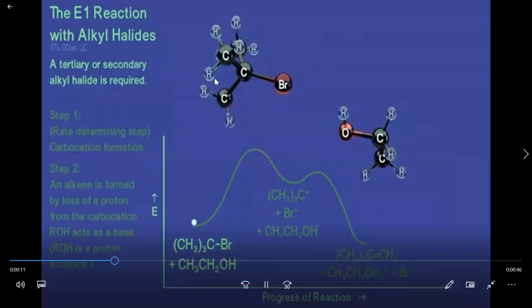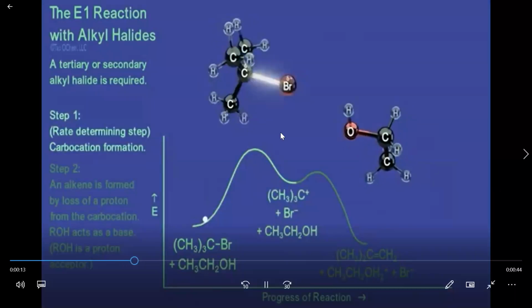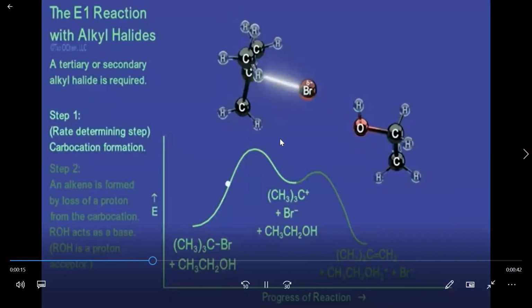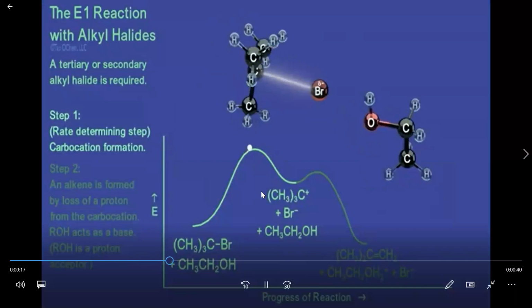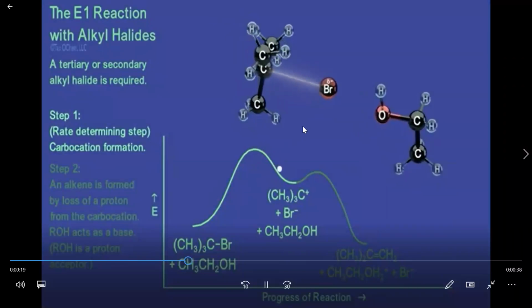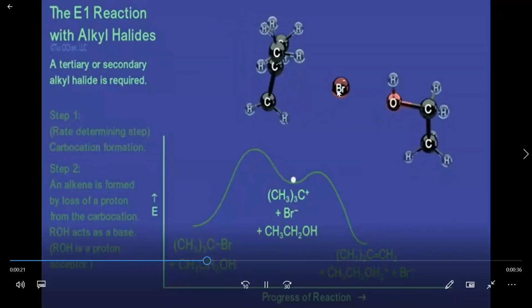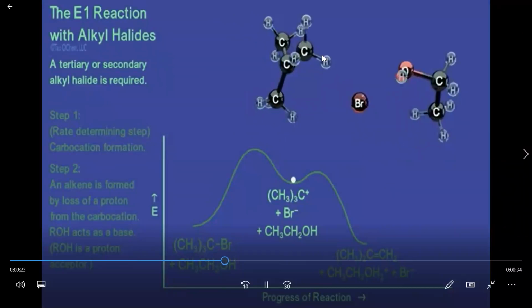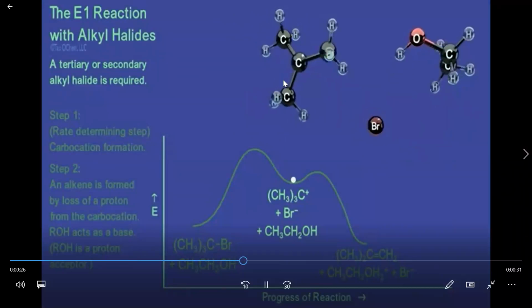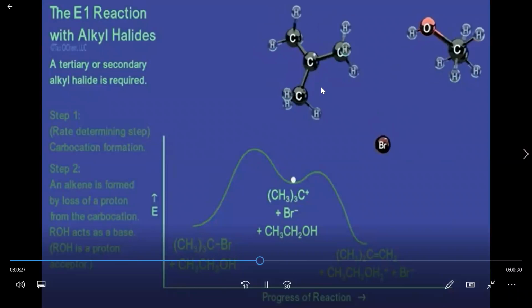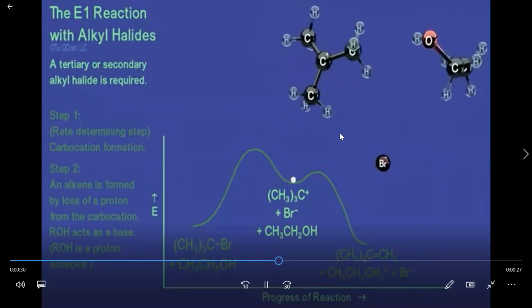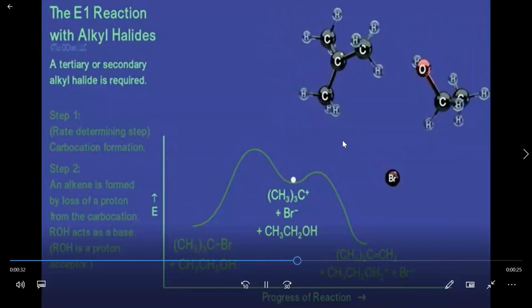All right, so this is the substrate, a bromide. Now the first step: kick off the leaving group. Now the bromide is gone, and you can see it generates the tertiary carbocation intermediate, trigonal planar.